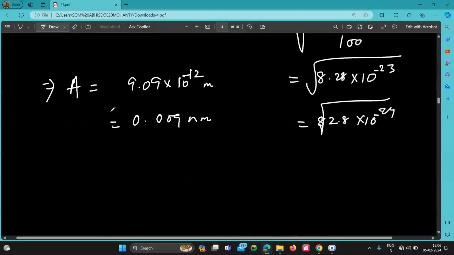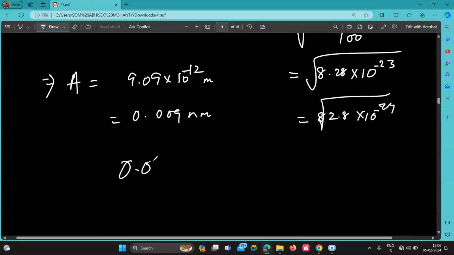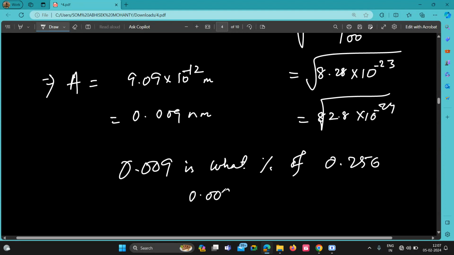So 0.009 is what percent of 0.256? That is exactly the question. Forget nanometer. So how to do it? Simple. 0.009 divided by 0.256 into 100, right?